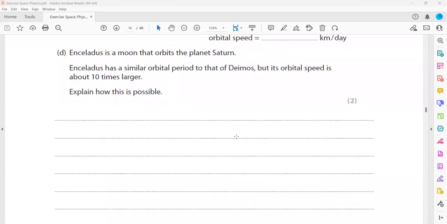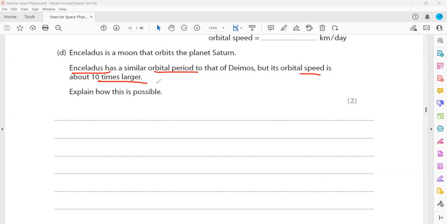The next one, we have a moon of the planet Saturn, and it has an orbital period similar to that of Deimos. So Enceladus has a similar orbital period, the same, but its orbital speed is 10 times larger.